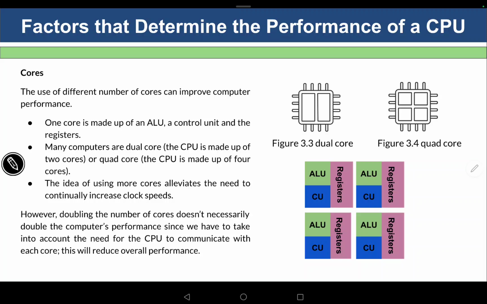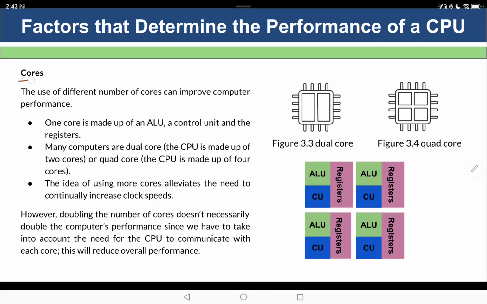Another factor that can determine the performance of the CPU is the cores. Using a different number of cores can improve the computer performance. The idea of using more cores alleviates the need for us to continually increase the clock speed. More cores allow a CPU to perform multiple tasks simultaneously.